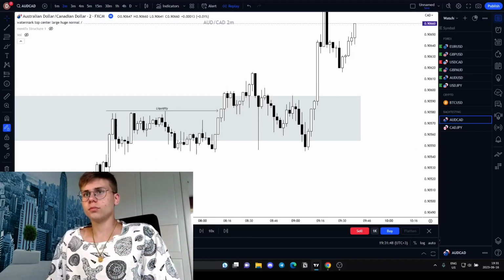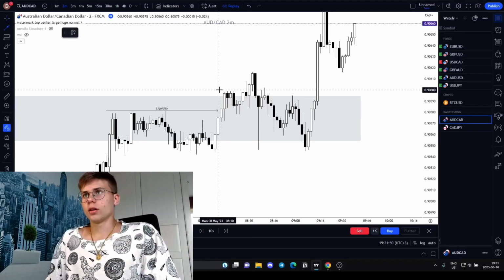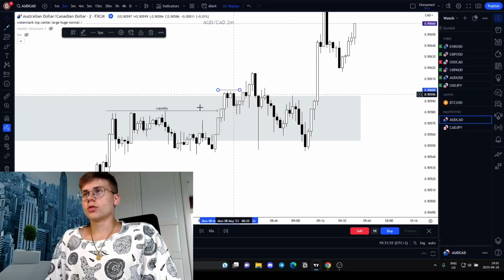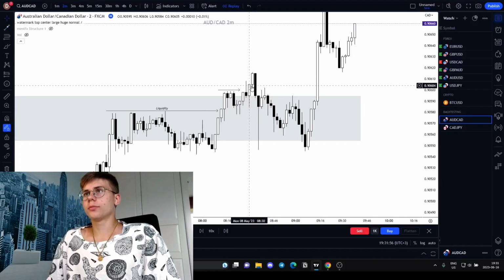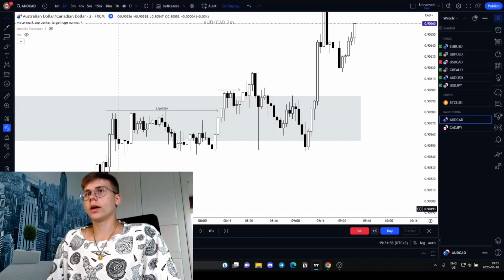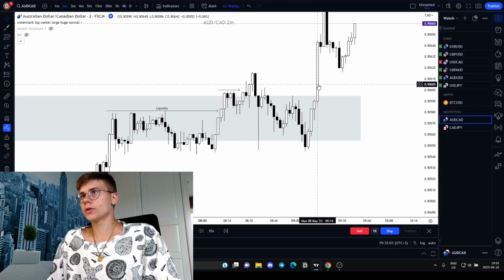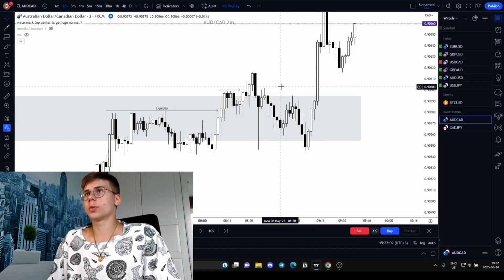So that's the rule, but it can also be a good setup. That's the liquidity, that's the engulfing candle model, and probably it will be another loss, because it will enter and straight stop me out.